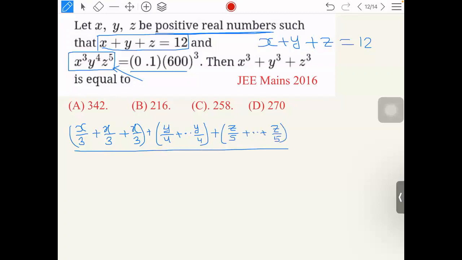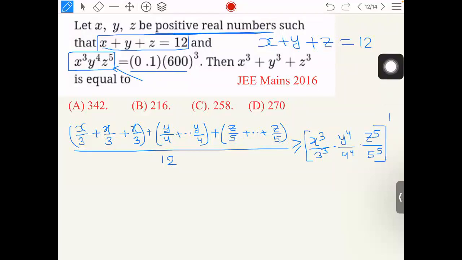This divided by, we have total how many terms? 5 plus 4, 9 plus 3, 12 terms. Divided by 12 is more than or equal to their product, which is x cube by 3 cube, y to the power 4 by 4 to the power 4, z to the power 5 by 5 to the power 5, raised to 1 by 12.